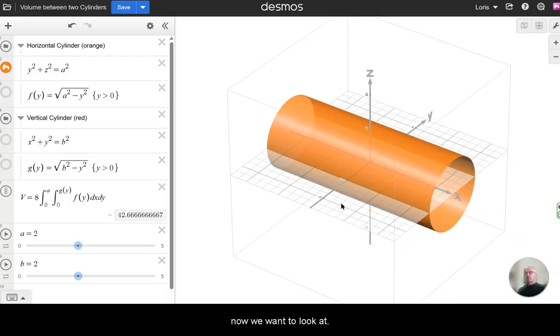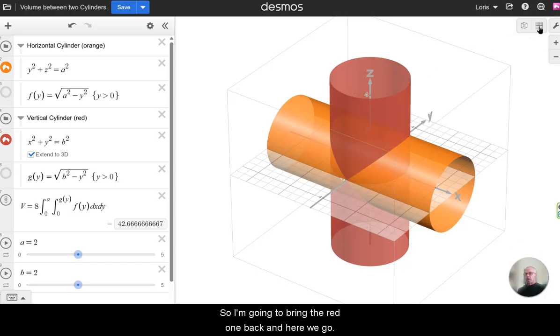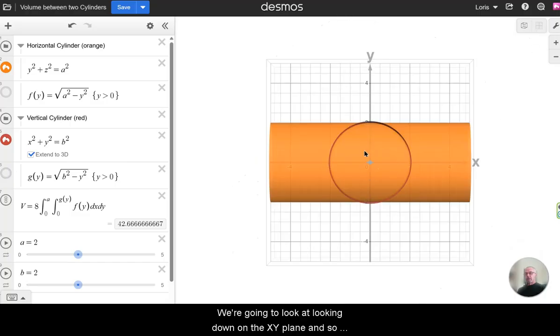Okay, now once we're done with that integrand piece, we look at what the limits of integration need to be. So I'm going to bring the red one back. And here we go, we're looking down on the xy plane. It looks like we're going to do dx first. x has to go from 0 to whatever this is, and this is where x was solved for, so that'll be g of y.